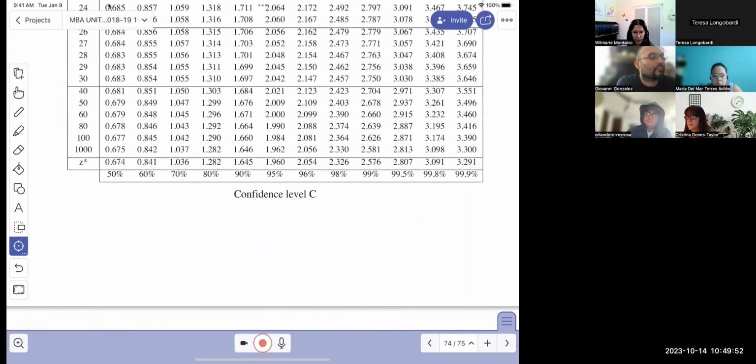So here it's 2.326. If you rounded it to 2 decimals, it would be 2.33. This row shows Z star, and that's the symbol we're going to use for the critical value.